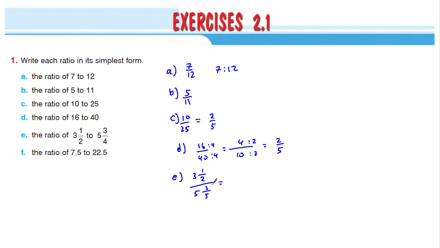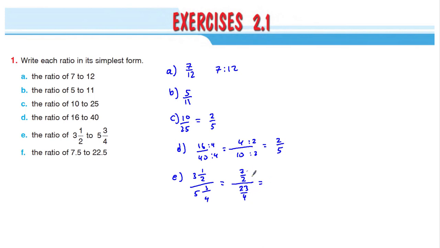Next, under E, we have the ratio of 3 and 1/2 to 5 and 3/4. So the first thing we should do here is to convert these mixed numbers into improper fractions. 2 times 3 is 6, plus 1, 7/2. 4 times 5 is 20, plus 3, is 23/4.